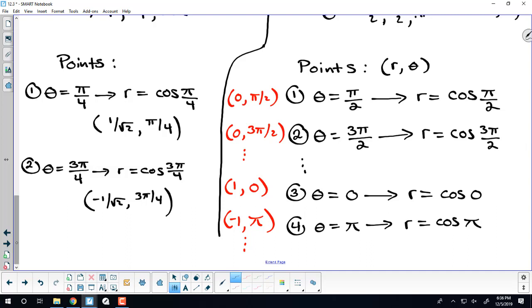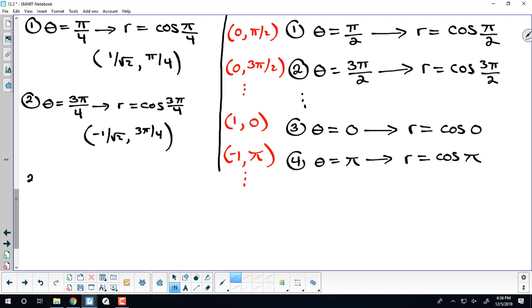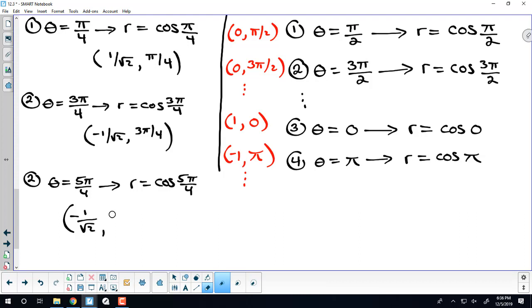And maybe we'll look at the 5 pi over 4 since we wrote that down as well. So that's also negative 1 over root 2, comma 5 pi over 4. And then we could keep going.